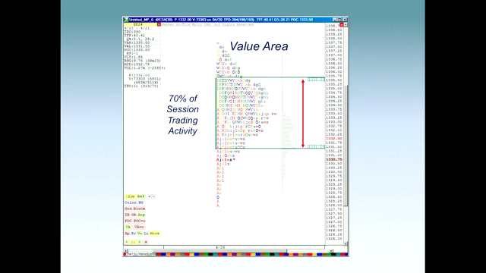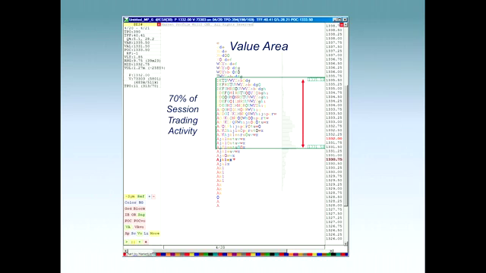All right, the first thing that we want to do is begin to organize our data and break up the profile into important facts, things that can be useful for us in making trading decisions. And the very first thing I want to identify for you is what we call the value area.